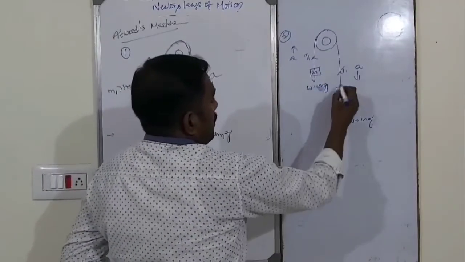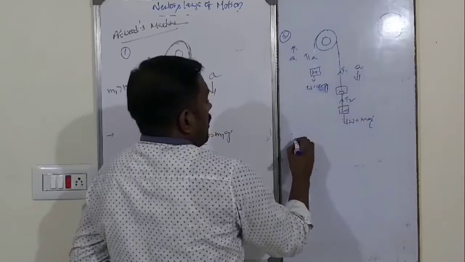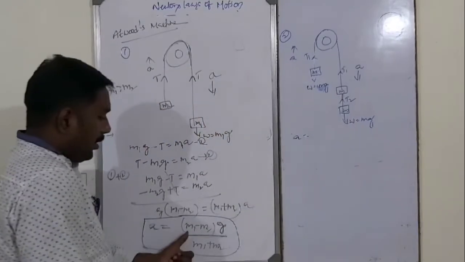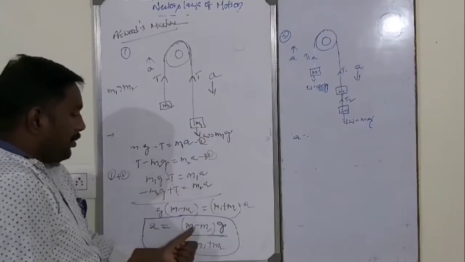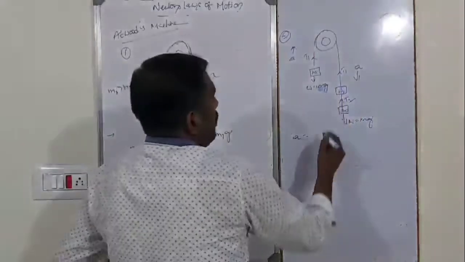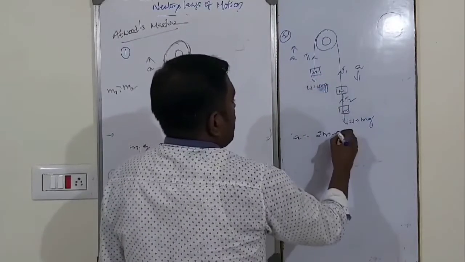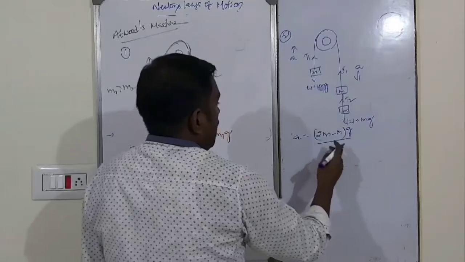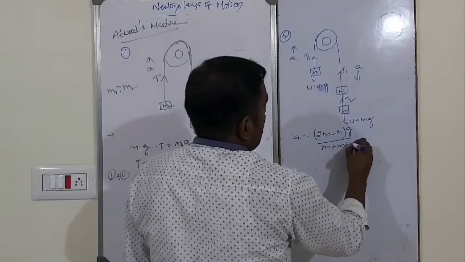So in this case, what is the acceleration? For the downward direction, M1 is higher, so M1 minus M2. In this case, 2m minus m into G divided by m plus m.